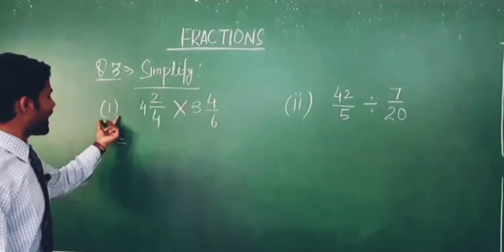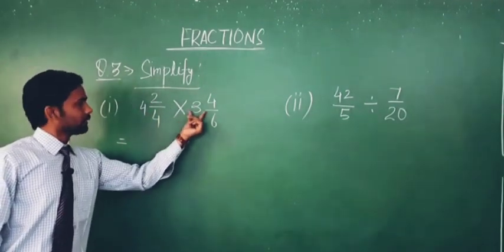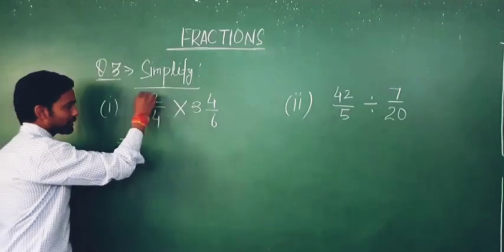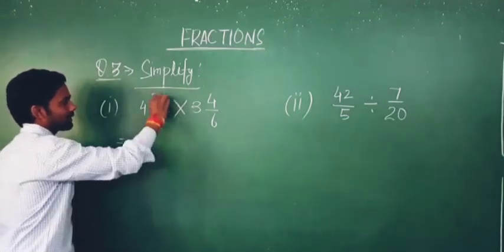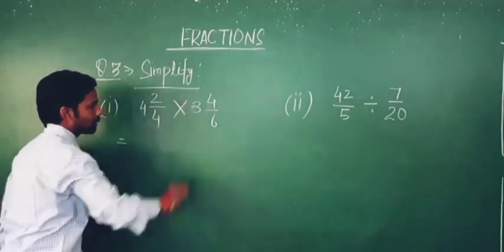Simplify. Part 1: 4 whole 2 by 4 multiplied by 3 whole 4 by 6. First, the fractions are in mixed form. This is also.